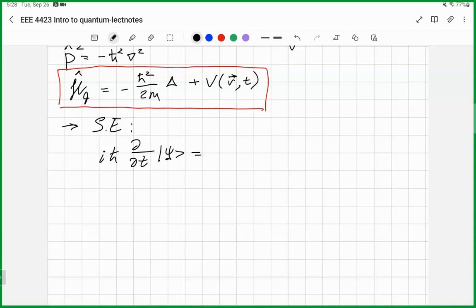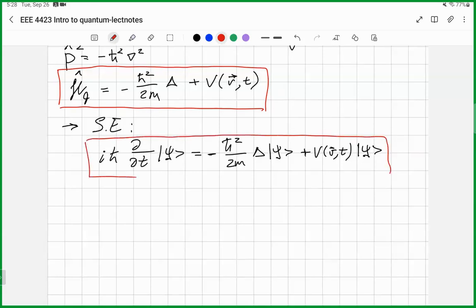And for this h, for the Hamiltonian, we have this one above: minus h bar squared over 2m Laplacian psi, and then plus v depending on r and t, psi.